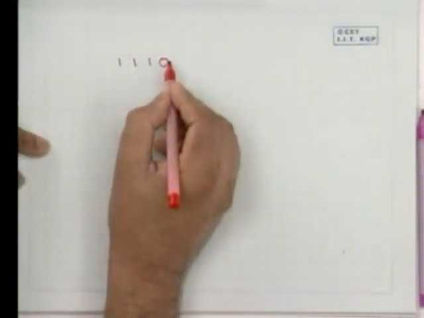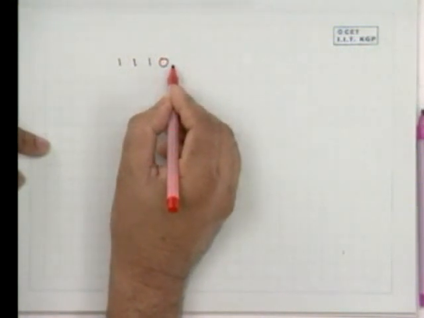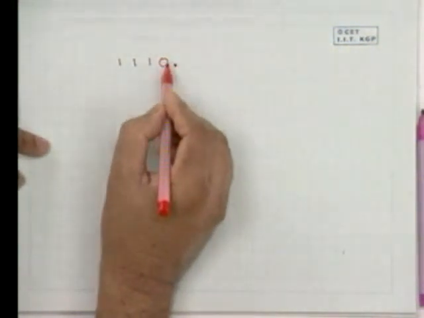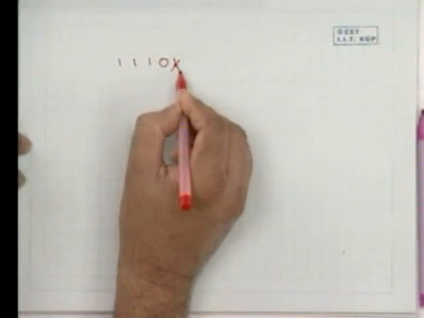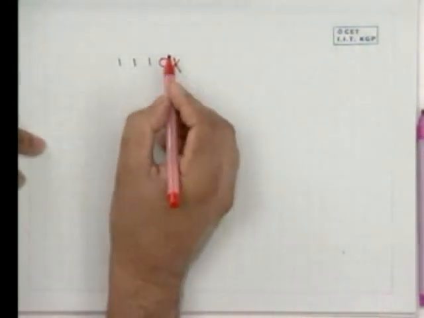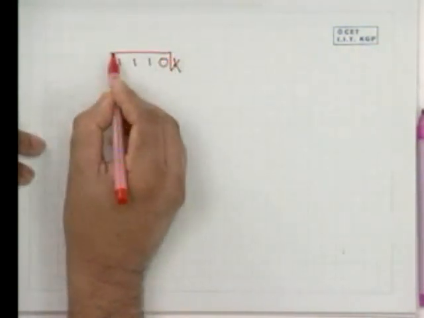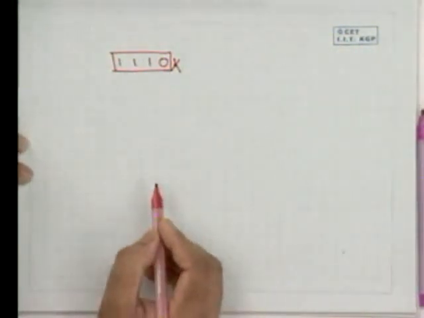We call it a fixed point representation because we assume as if the binary point is to the right of the least significant bit. We do not represent the binary point. We say this is a fixed point representation of an integer.